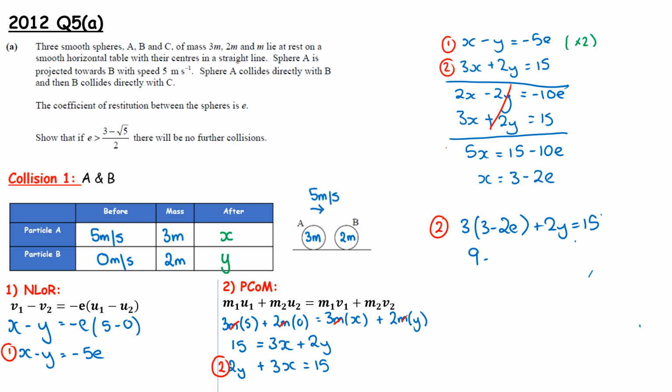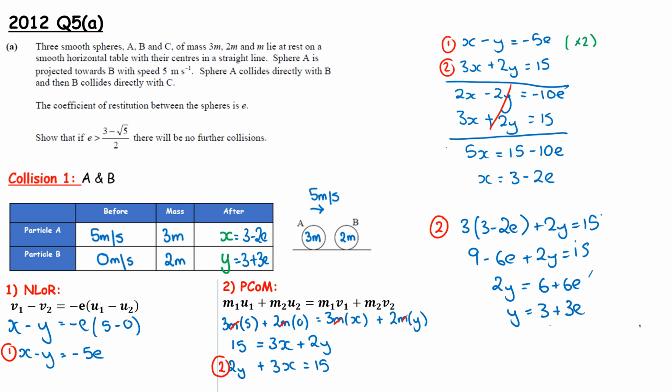So that's 9 minus 6e plus 2y equals 15. 2y equals 6 plus 6e, so y is equal to 3 plus 3e. So we can fill that into the table: 3 minus 2e, 3 plus 3e.